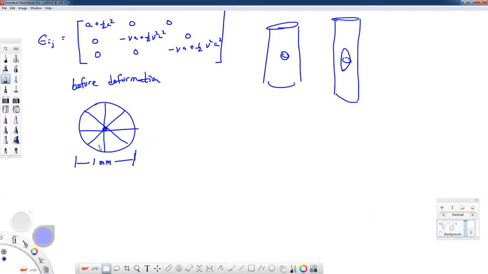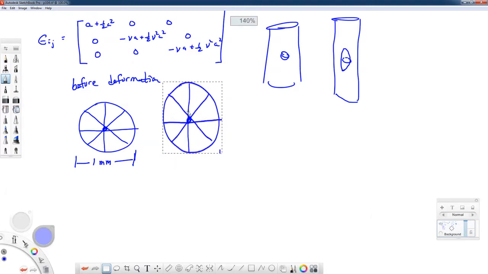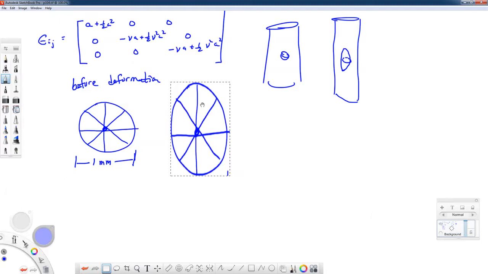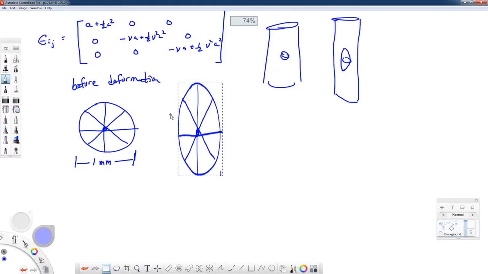Let's see if I can do this. So if we look at the 2D plane, maybe it takes a shape something like that.